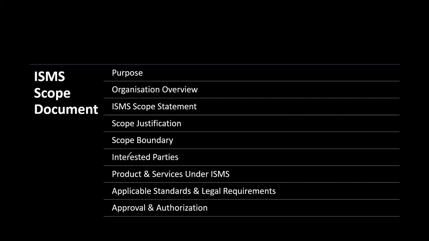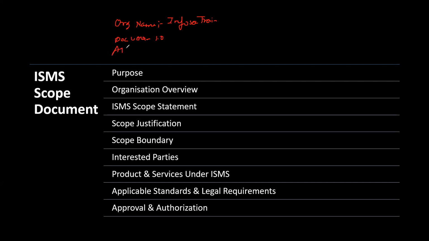Whenever I prepare a scope document, I include all these things. First, I mention the name of the organization on the first page. For example, the organization name, that is InfosecTrain. Okay, so this is my document, version 1.0, my first document.